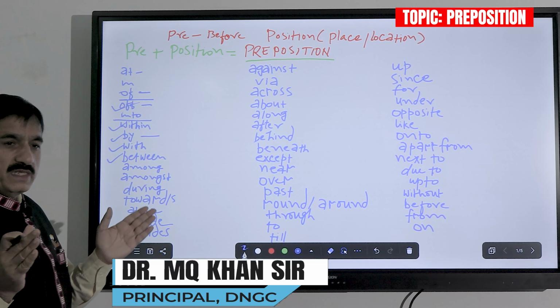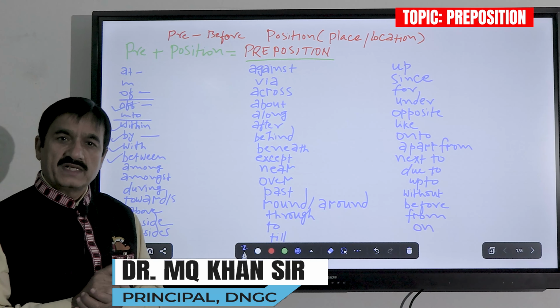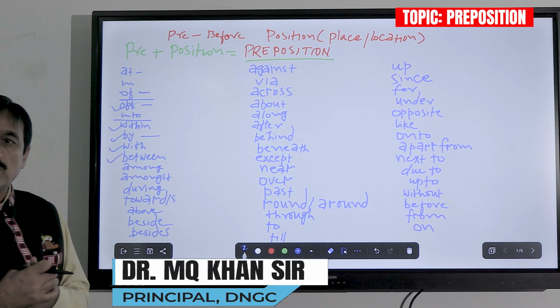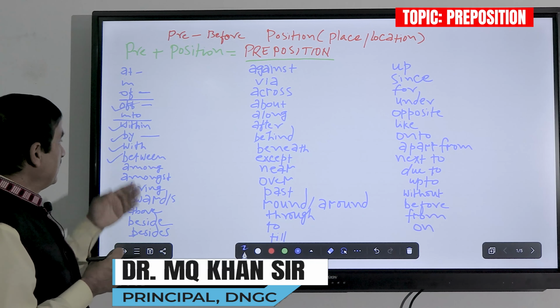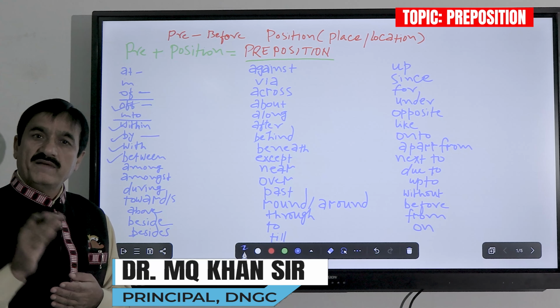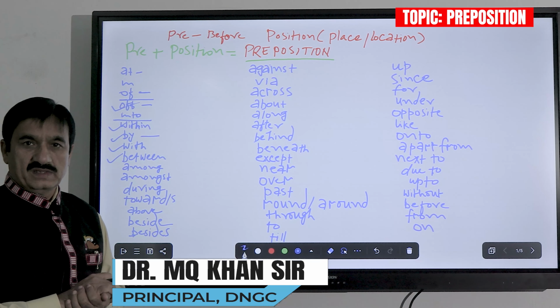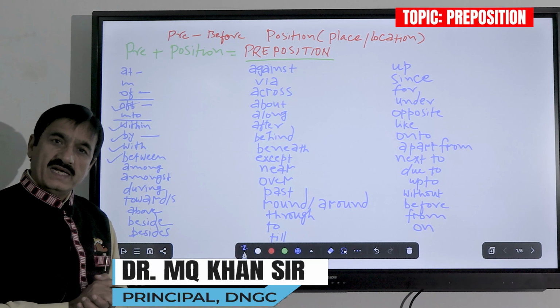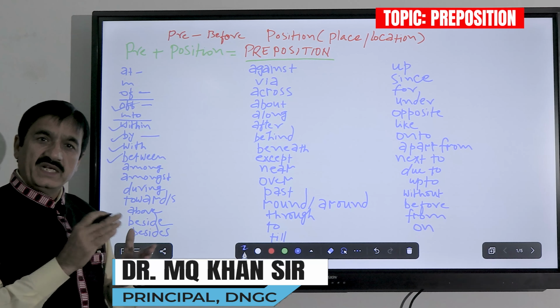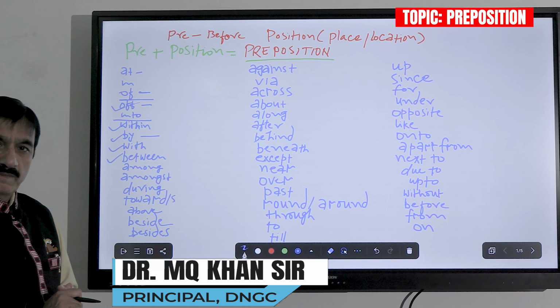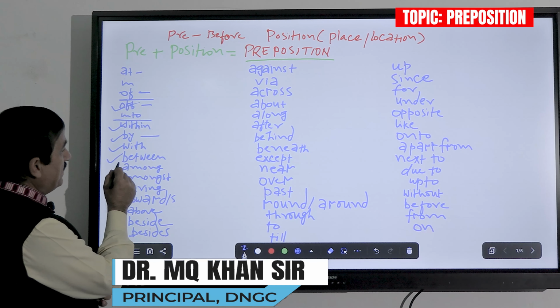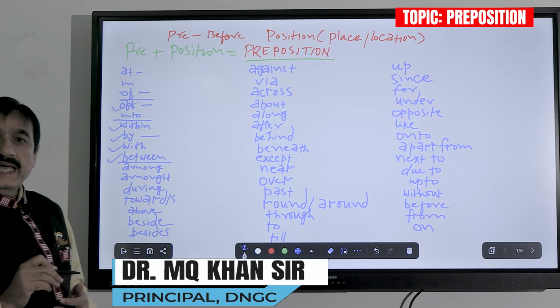Between is used for two persons or two things, and also for time. For example, the interview will be held between 11 and 1 o'clock, or the interview will be held between 8 a.m. and 11 a.m. The interview will be held between 12:30 p.m. and 5:30 p.m. But remember one thing, that between is followed by and, not by to.